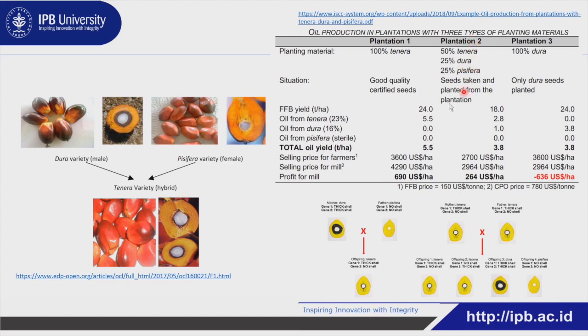And even when they only plant Dura, they will get a loss in profit. So they prefer to have all the plants in their area be Tenera for production. And you may know that with a hybrid, when we use the seed for propagation, you will get segregation. So it is clear that we should produce the hybrid seed.